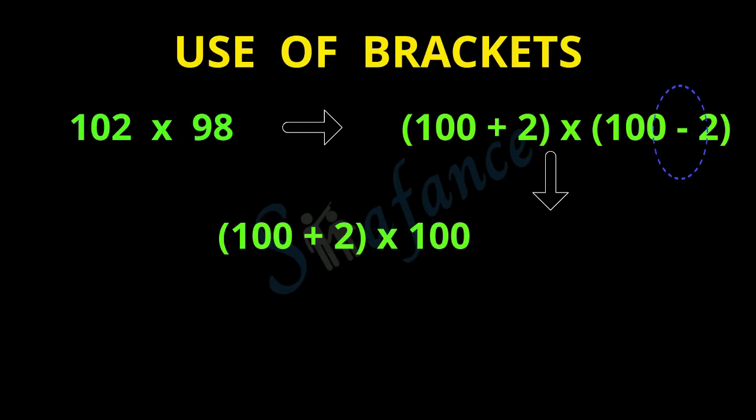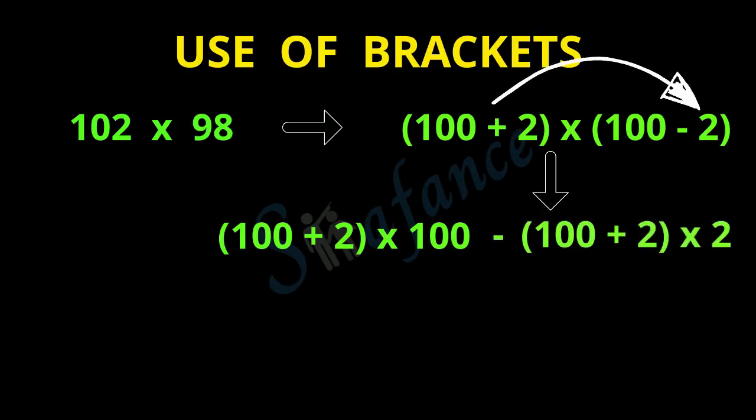In the second bracket we have a minus sign because we are opening the second bracket first. So 100 minus 2, we get a minus sign thereafter. And for the second term we get 100 plus 2 multiplied by 2. So this is the equation we get now.